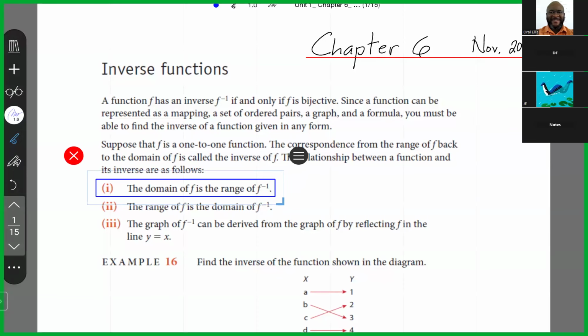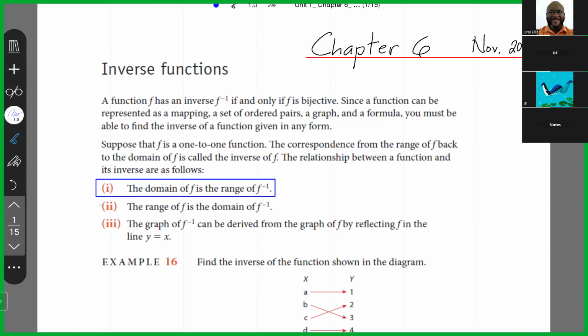As you all know by now, every function has what? Domain, and it has what? Range. When you find the inverse of a function, the domain and the range are going to interchange. In other words, the domain becomes the range and the range becomes the domain. The range of f is the domain of f inverse.